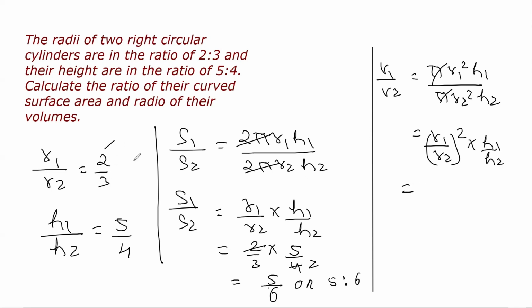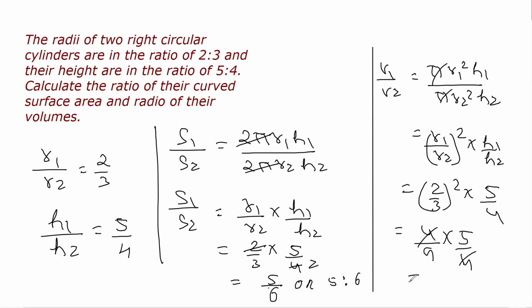From here I can replace the value of R1 over R2, that is 2 over 3 squared, and H1 over H2 is 5 over 4. So 2 square is 4, and 3 square is 9, and this is 5 over 4. This 4 gets cancelled. So 5 over 9, that is 5 is to 9, should be the ratio of their volume. That's how we will do this question.